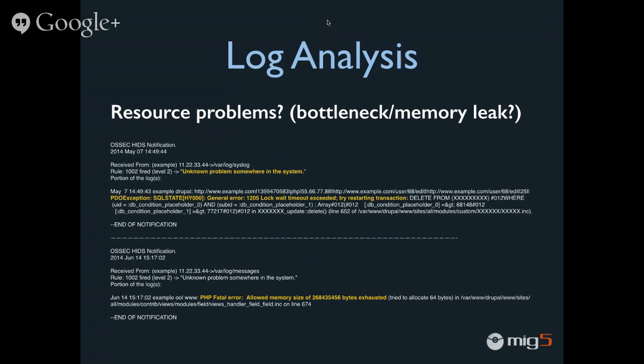With a message like that, OSSEC will let you know, and you might start thinking, maybe I need to use the memcache locking system instead of the semaphore table, or maybe I've got a bigger problem, who knows. That's an example of OSSEC going, something's going wrong. It's rule 1002, unknown problem somewhere on the system.